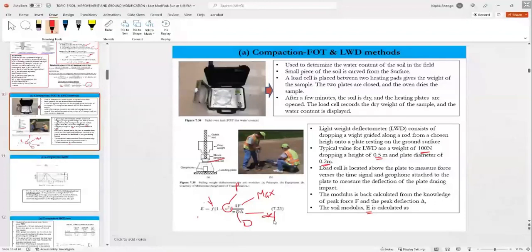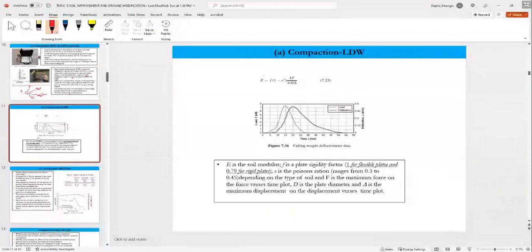Now, the value of F is the plate rigidity: 1 for a flexible plate and 0.9 for rigid plates. V or mu is the Poisson ratio, ranging from 0.3 to 0.5 depending on the type of soil. F will be the maximum force on the plate.